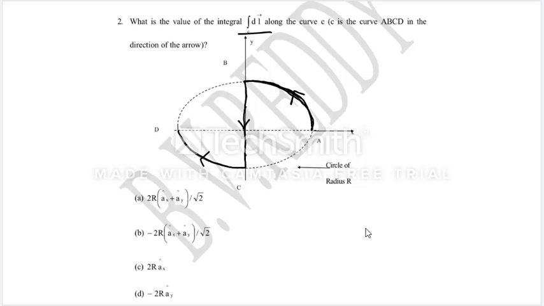Now here also we can write it by splitting this into 3 parts.